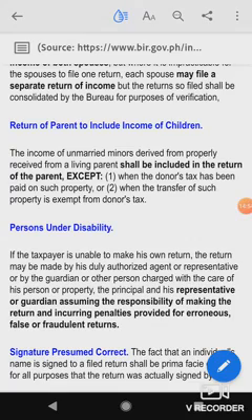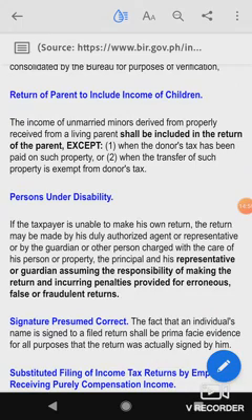So, persons under disability. If a taxpayer is unable to make his own return, the return may be made by his duly authorized agent or representative, or by a guardian or other person charged with the care of his person or property, the principal and his representative or guardian assuming the responsibility of making the return and incurring penalties provided for erroneous, false, or fraudulent returns.